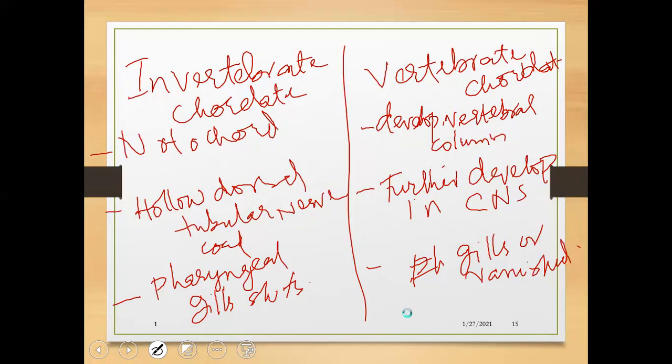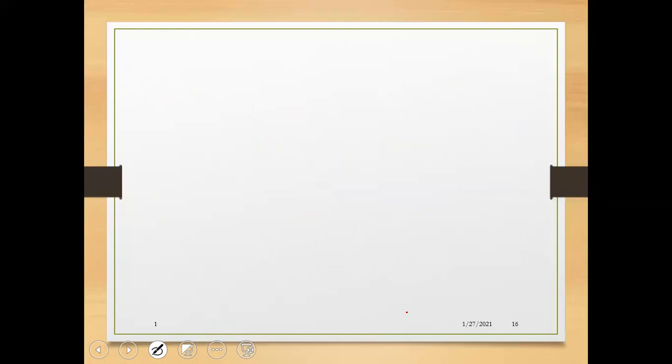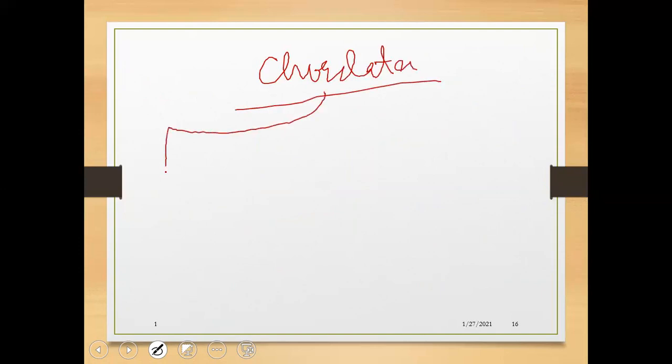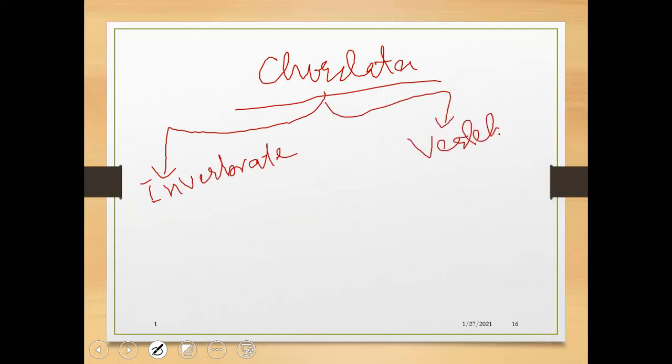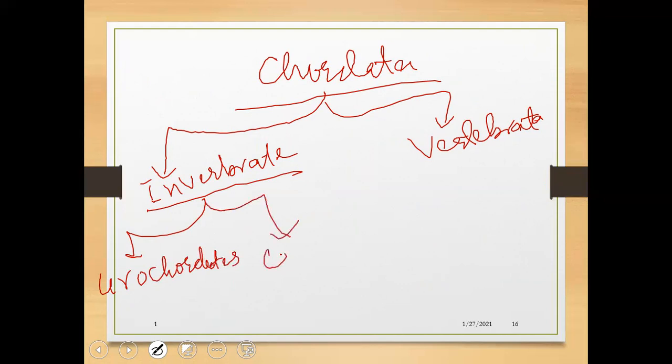Chordates, as you can see here, are further classified into two categories. One are the invertebrate chordates, and the other are the vertebrate chordates. Invertebrate chordates are especially urochordates and cephalochordates.